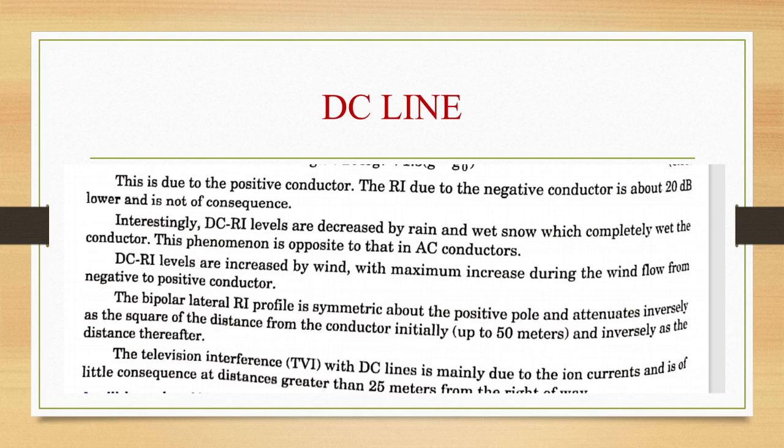Bipolar lateral RI profile is symmetric about the positive pole and attenuates inversely as the square of the distance from the conductor initially up to 50 meters and inversely as the distance thereafter. The television interference TVI with DC lines is mainly due to the ion currents and is of little consequence at distances greater than 25 meters from the right of way.